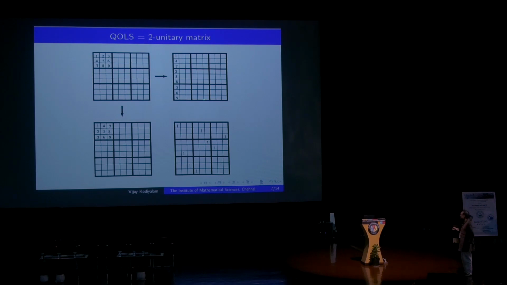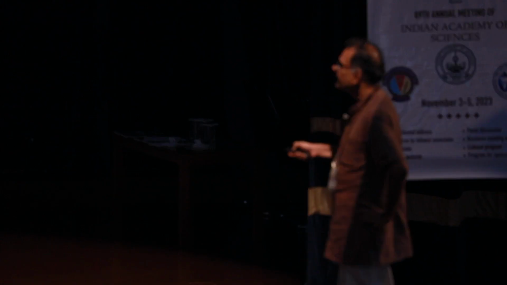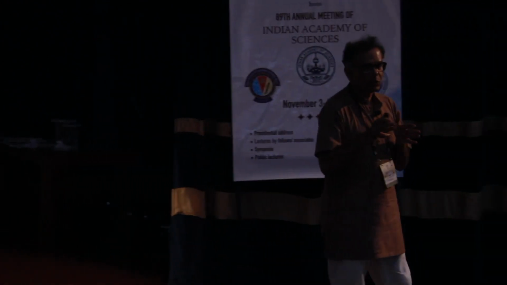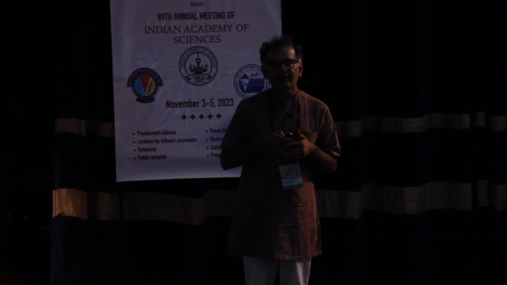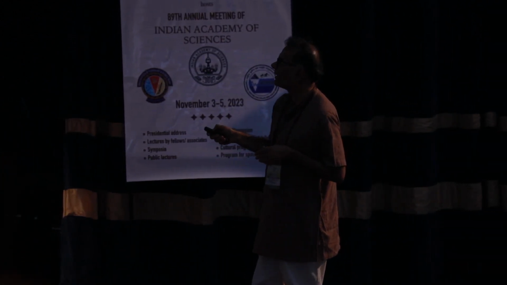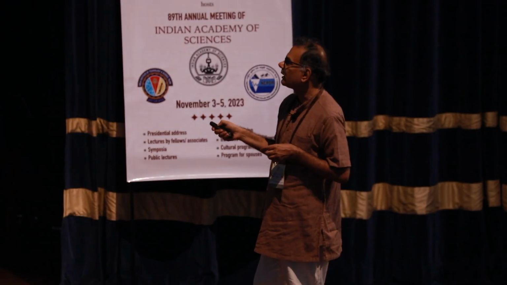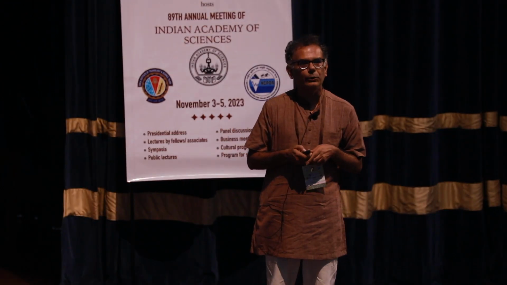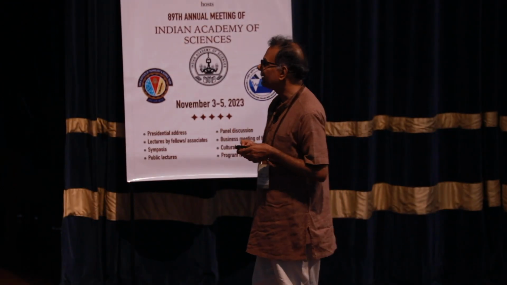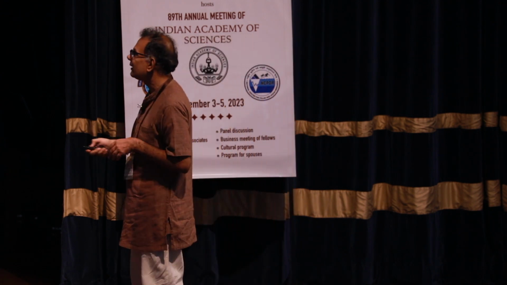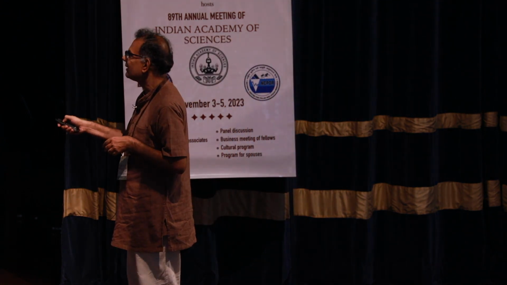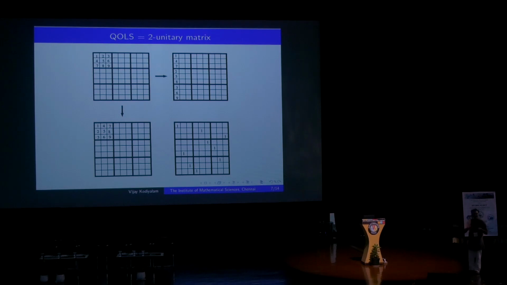After performing this realignment, it should be unitary, and after performing this partial transpose, it should be unitary. So it should satisfy unitarity in so many different ways, right? Such a matrix is called a QOLS, quantum orthogonal Latin square, or a 2-unitary matrix. Sometimes it's called a 2-unitary matrix. I don't really like the terminology, but that's the way it is in the literature, because under these 2 operations it's unitary, besides being unitary on its own to begin with.